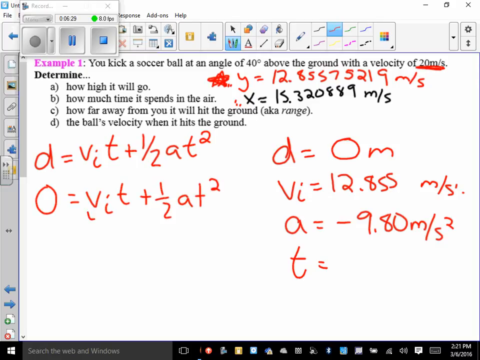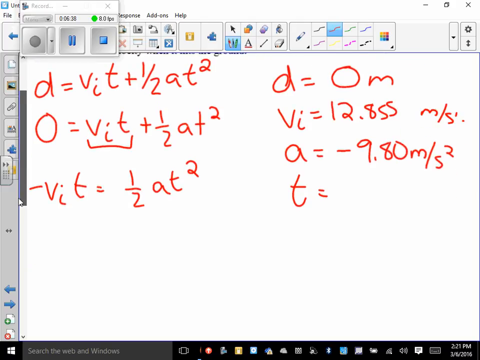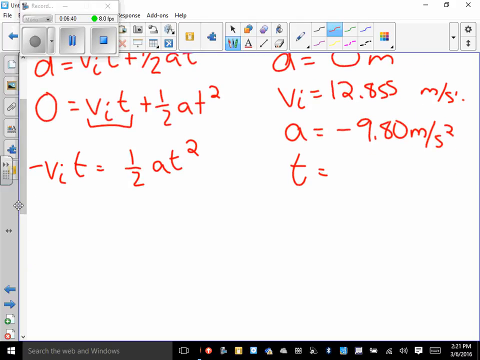Moving this section to the other side, we're going to subtract. Remember, I want to get time all by itself. I can divide both sides by time here.